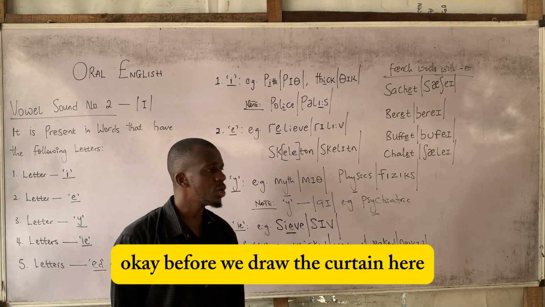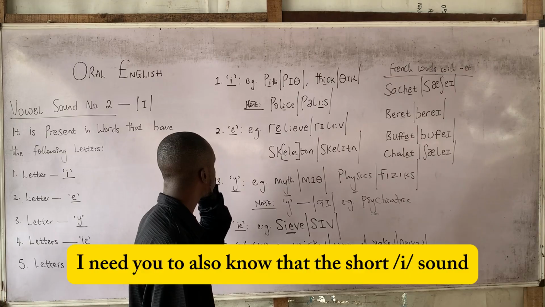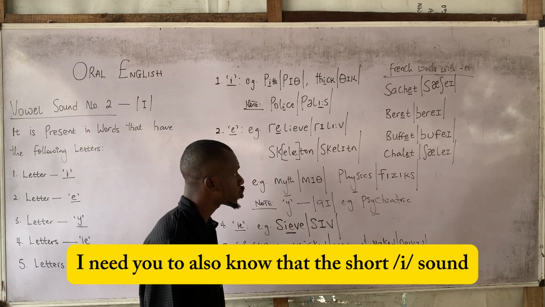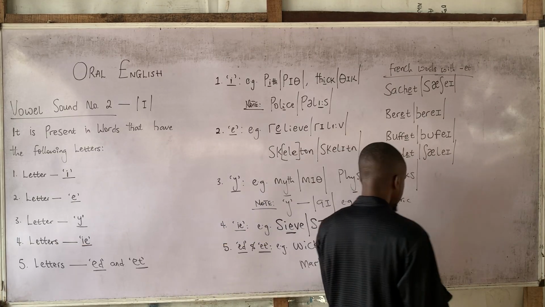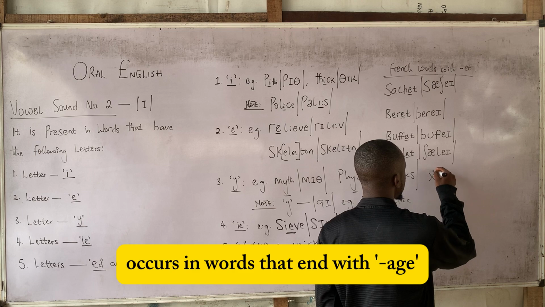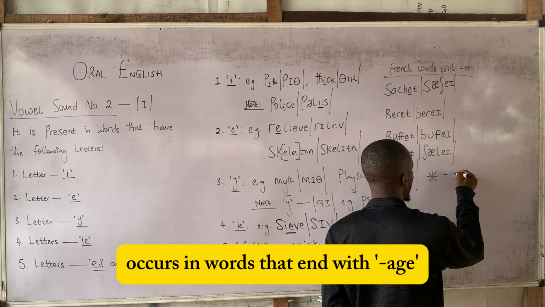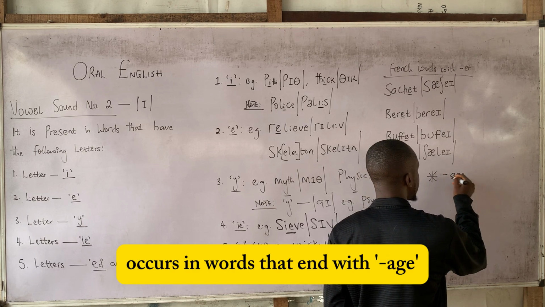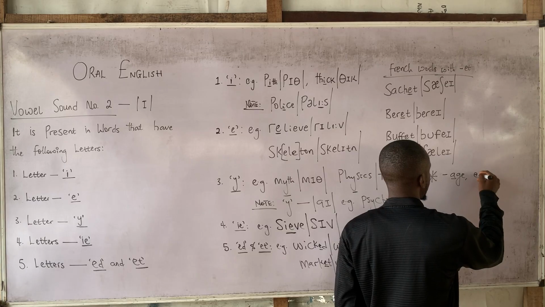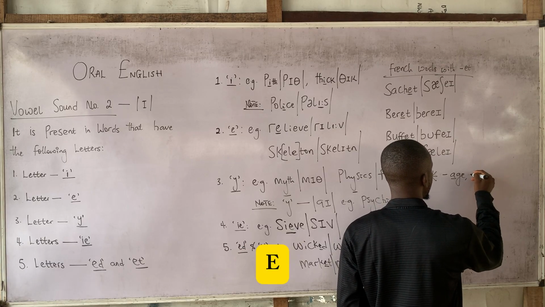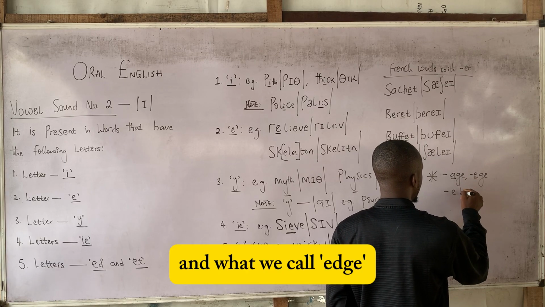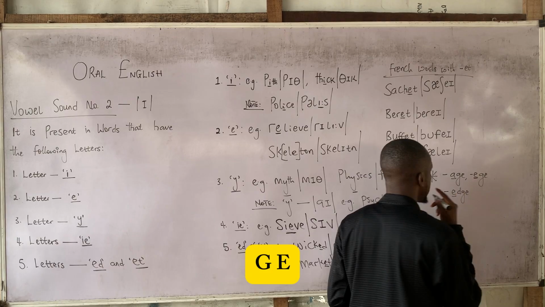Okay? Before we draw the curtain here, I need you to also know that the short e sound occurs in words that end with age, ege, and what we call edge.